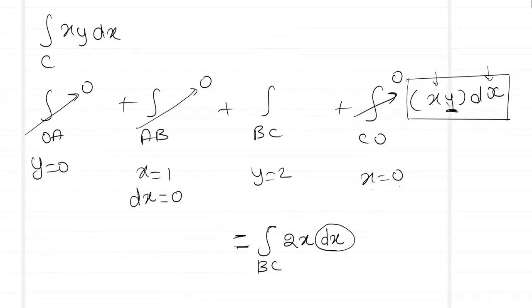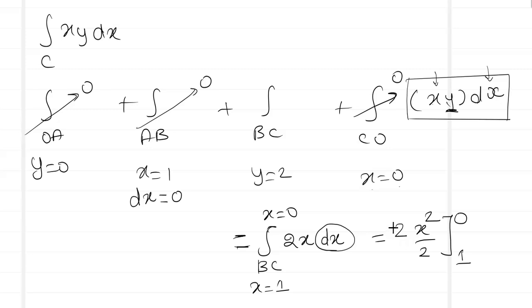So I will have to integrate from x equal to 1 to x equal to 0. Let us now start the integration. 2x on integration is x squared by 2... Apply the limits 1 to 0. So 2 and 2 cancel off. Apply the upper limit 0; the lower limit is 1.